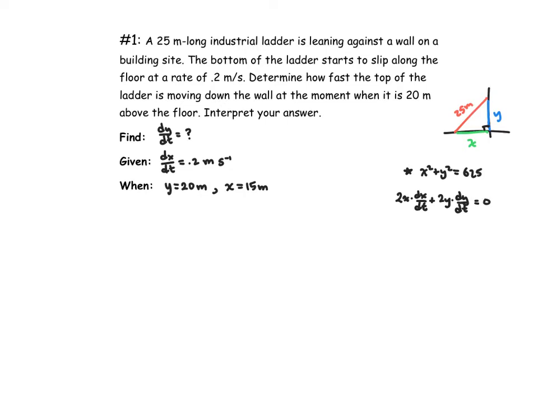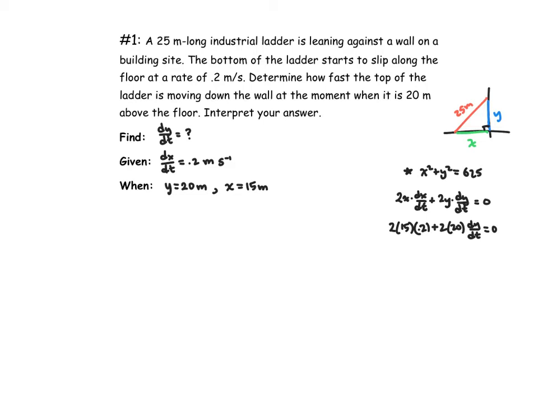My goal here is to find dy/dt. So I'm going to plug everything that I know in for x, dx/dt, and y. So x is 15, dx/dt is 0.2, y is 20, and I'm trying to find dy/dt.